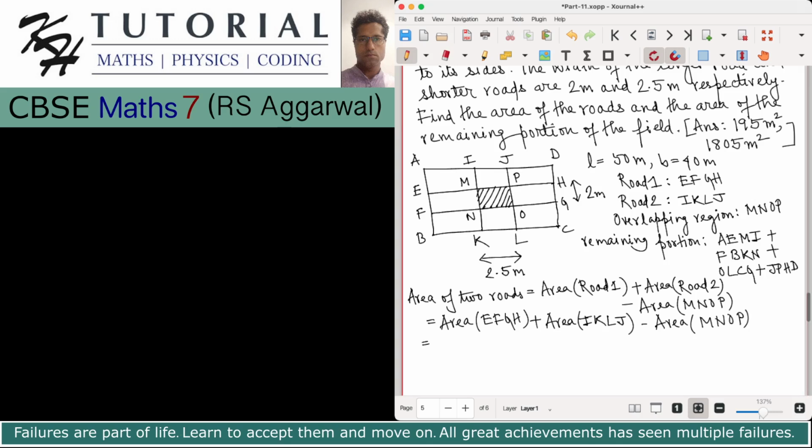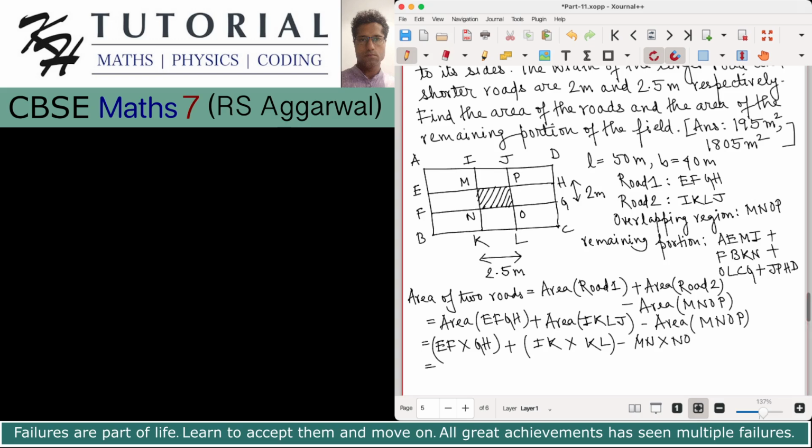Okay. So what is the area of rectangle EFGH? It is EF multiplied by GH. And what is the area of rectangle IKLJ? It is IK multiplied by KL. And minus area of MNOP is MN multiplied by NO.